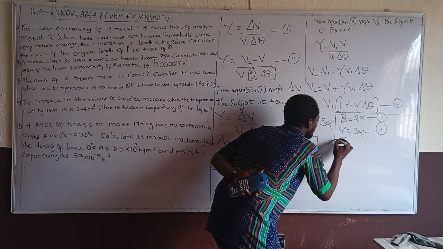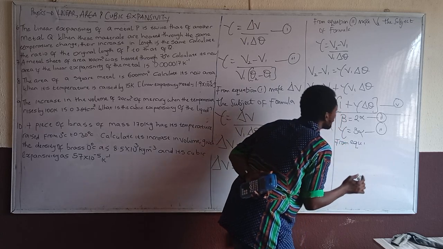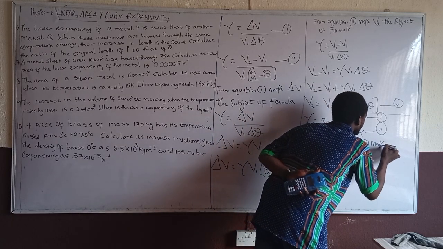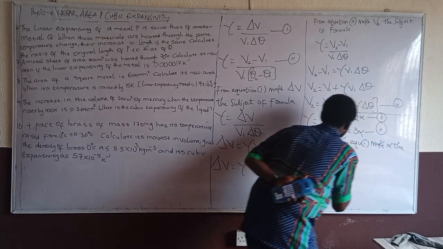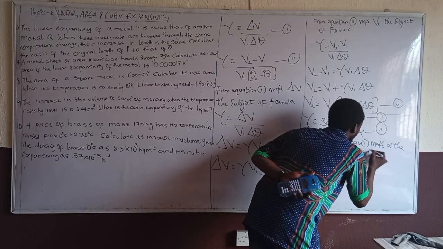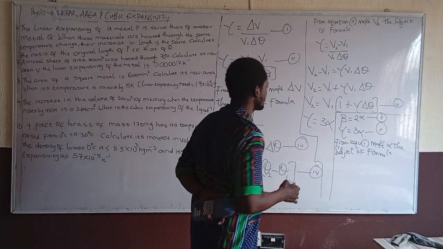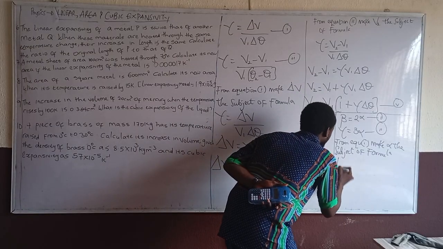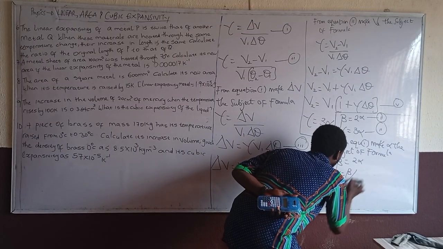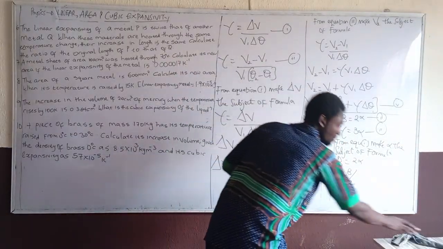Then from equation 1, let's use 1. Make alpha the subject of formula. If I make alpha the subject, beta is 2 alpha, so alpha becomes beta over 2.